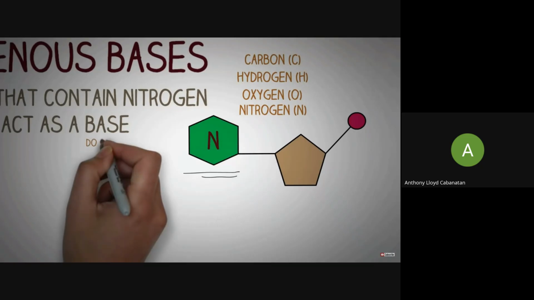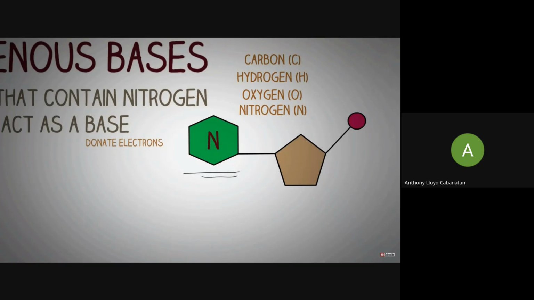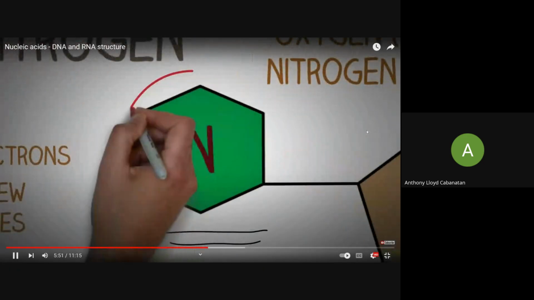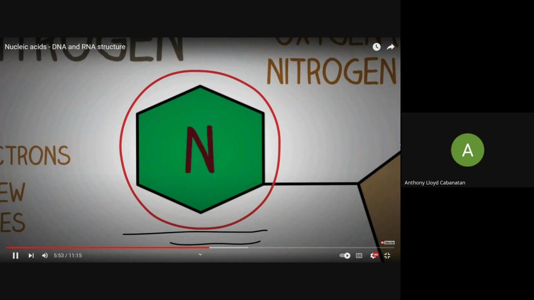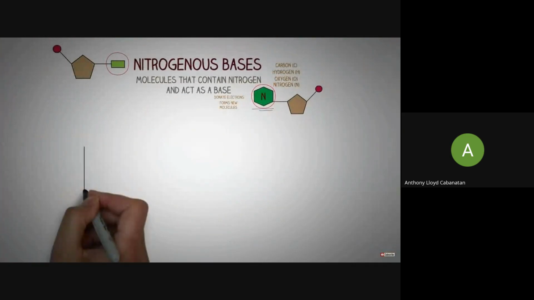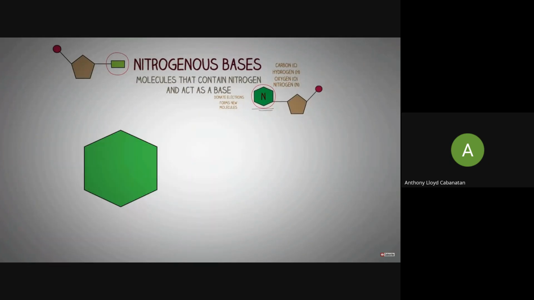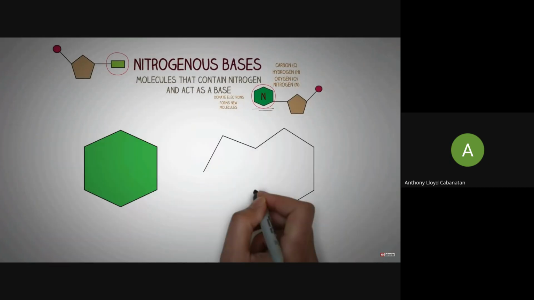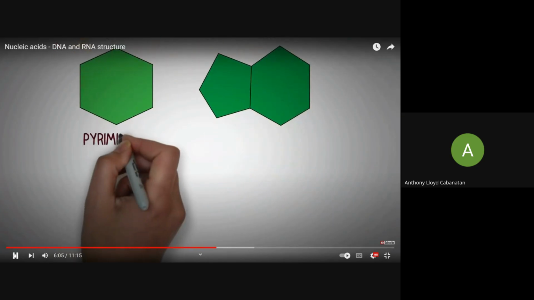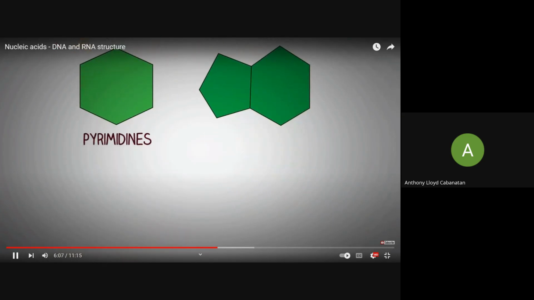These molecules are called bases since they can donate electrons to other molecules and form new molecules in this process. Now we can have two different types of ringed structures. One where there are single rings and second where there are double rings. The single rings are called pyrimidines and the double rings are called purines.